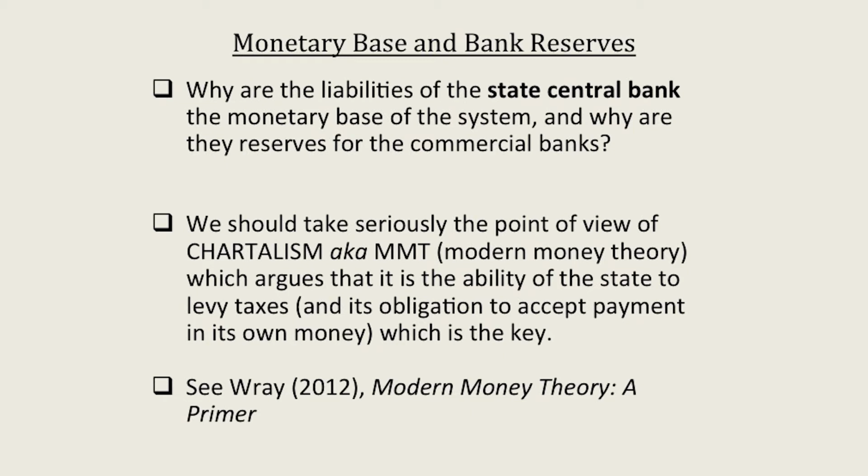The deposit liabilities of some subset of financial institutions, you might call them the member banks, in Canada we would call them the direct clearers, in this second tier, if you will, also count as money and comprise most of the actual money supply, and that's very much larger than the monetary base. And so why do commercial bank deposits count as money? Well, first of all, there is a convertibility promise.